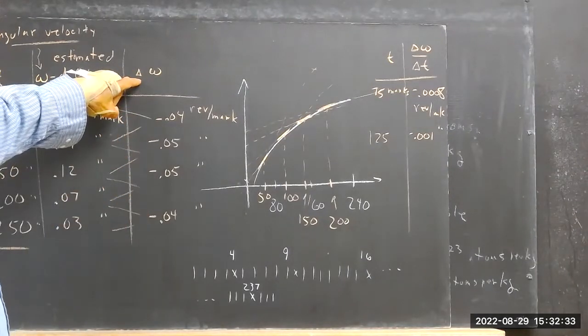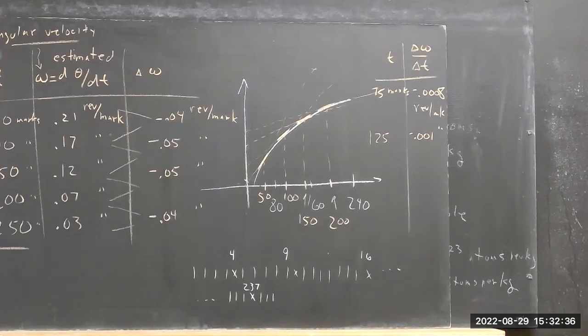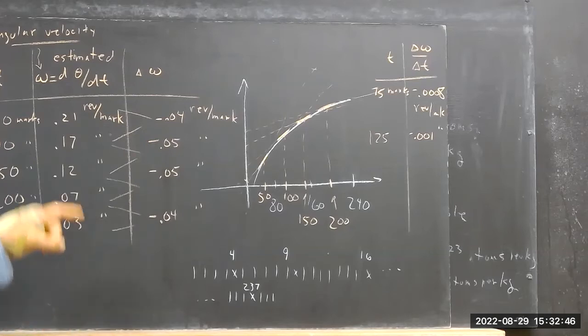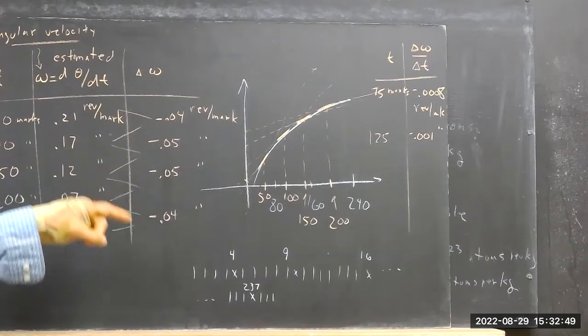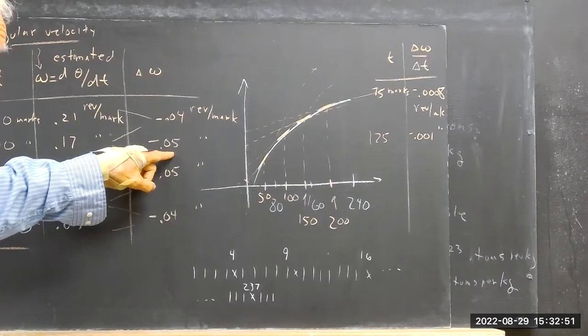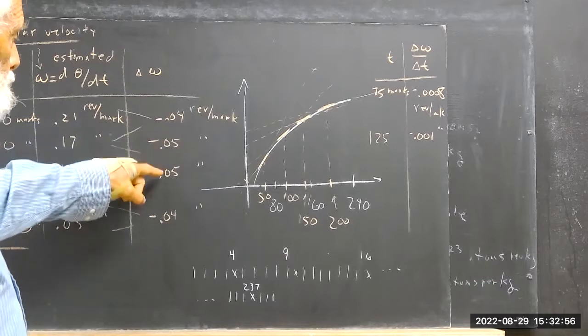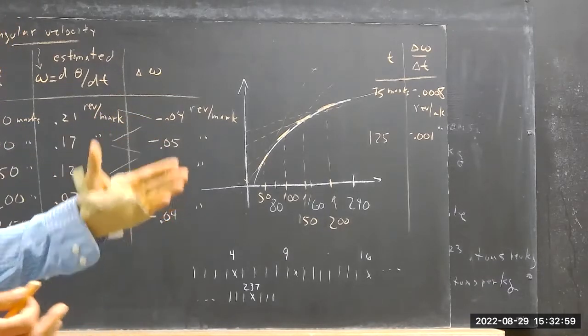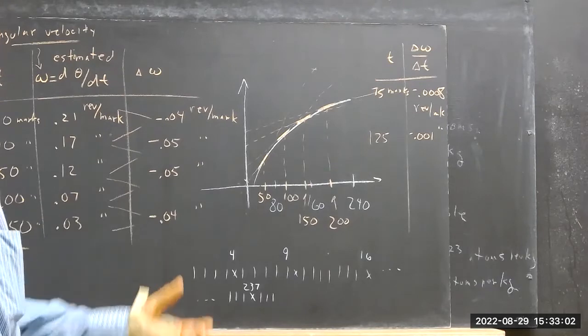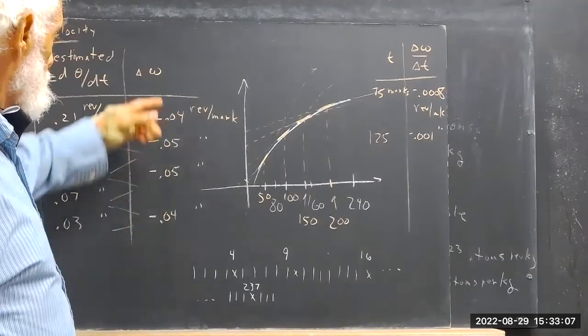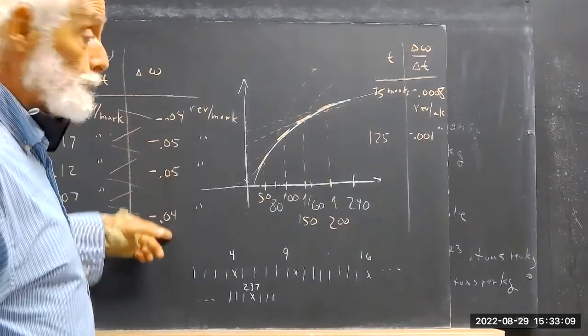The point is, we can now calculate the changes in the values of omega, so that from 0.21 to 0.17 revolutions per mark is a change of negative 0.04 revolutions per mark. From 0.17 to 0.12 revolutions per mark is negative 0.05 revolutions per mark, and so forth. Now we see that these, given that there are inevitable uncertainties in our observations, seem pretty uniform.